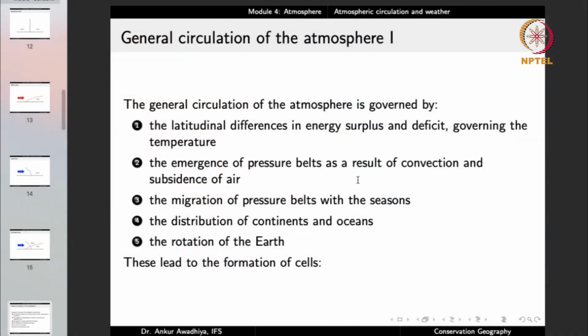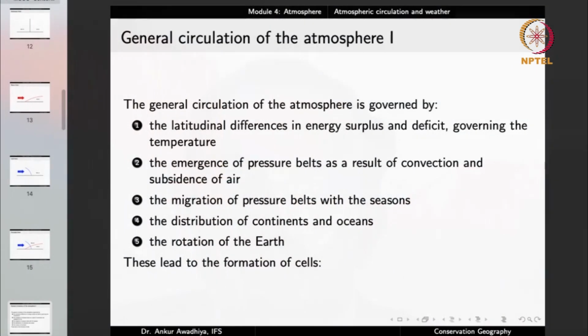Now, with these backgrounds, we can talk about the general circulation of air in the atmosphere. The general circulation is governed by the latitudinal differences in energy surplus and deficit, which govern the temperature. Near the equator you have higher temperatures, near the poles you have colder temperatures.